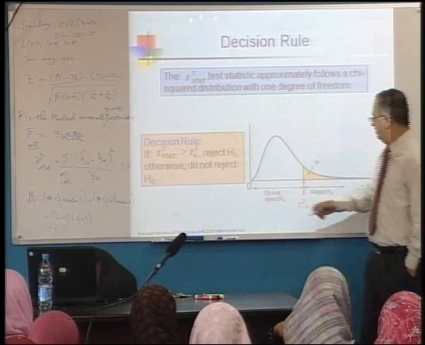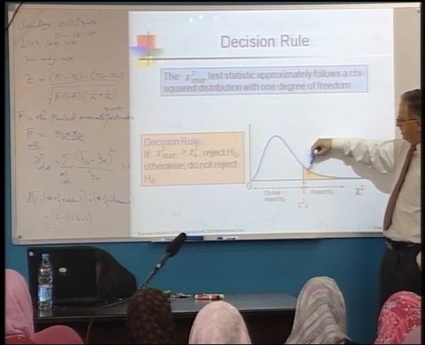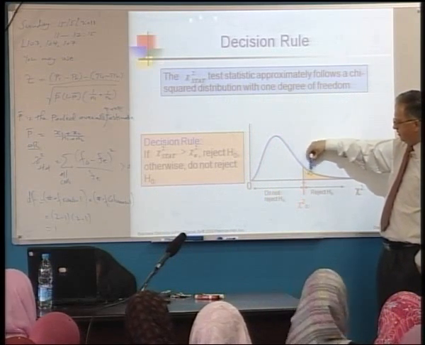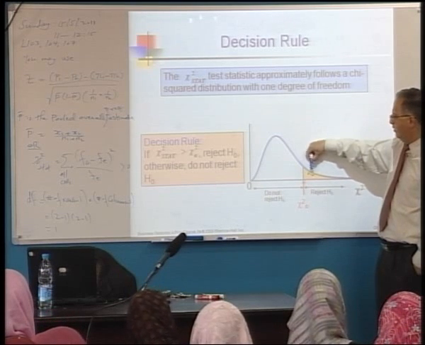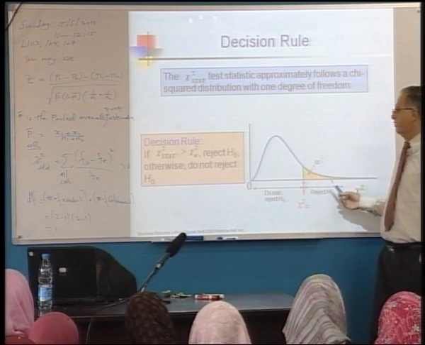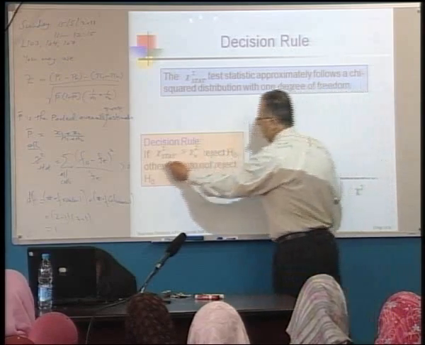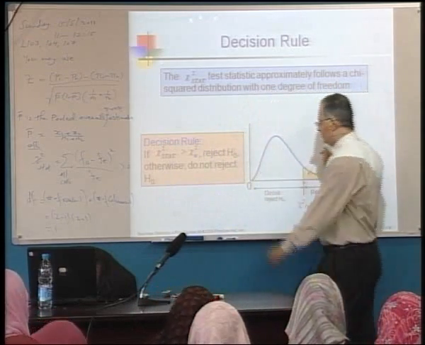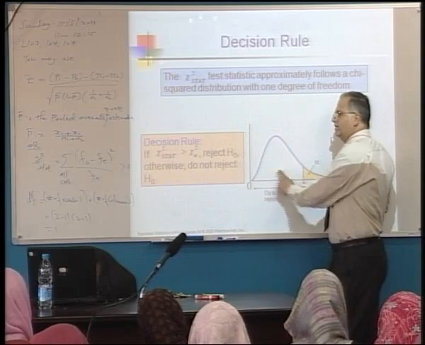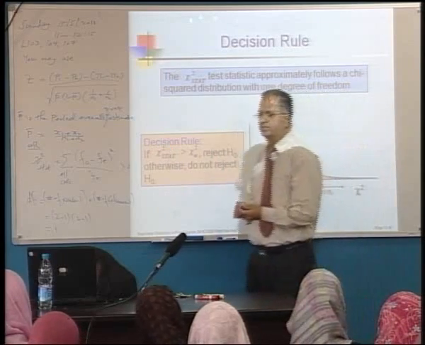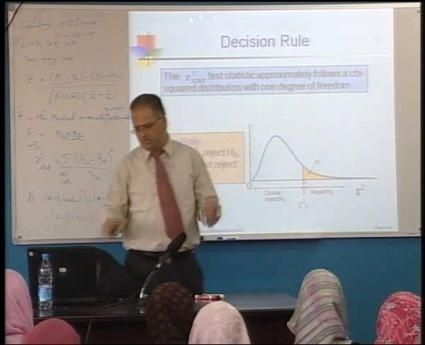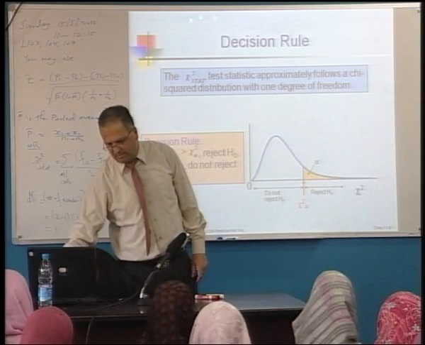So again, if the value of the chi-square statistic falls in this rejection region, then we reject. Otherwise, if the value of the statistic falls in the non-rejection region, we don't reject the null hypothesis. So the same concept as we did in the previous chapters.